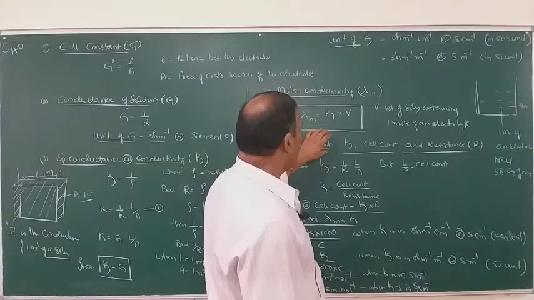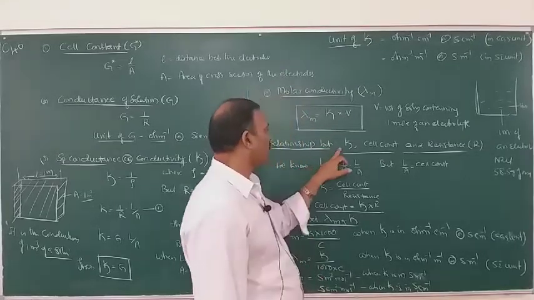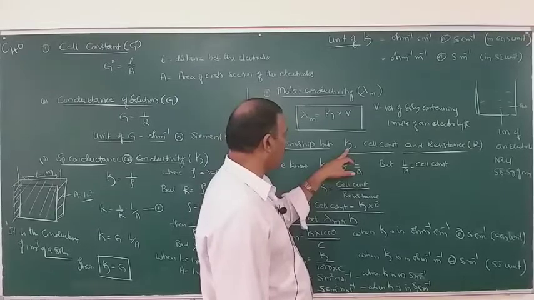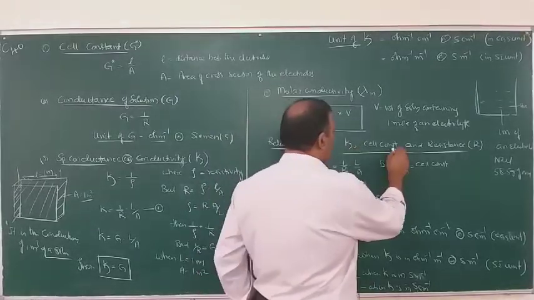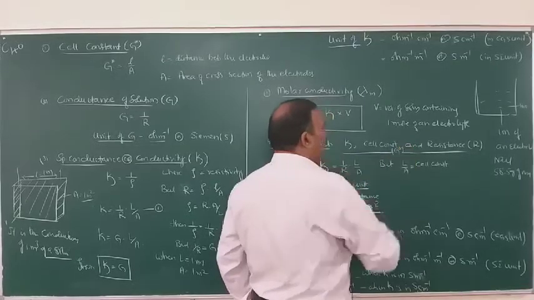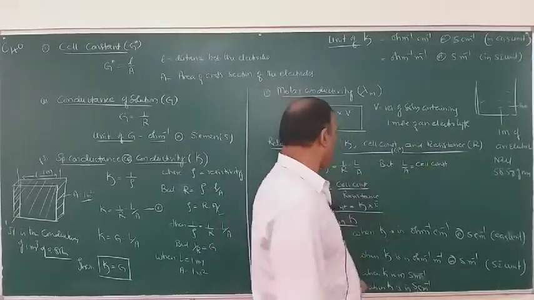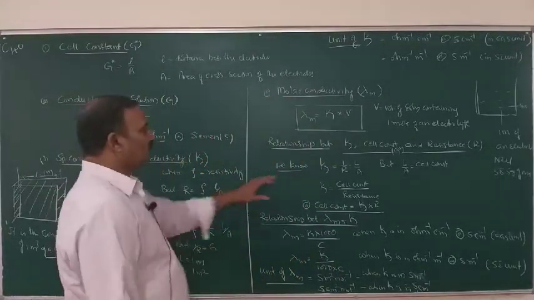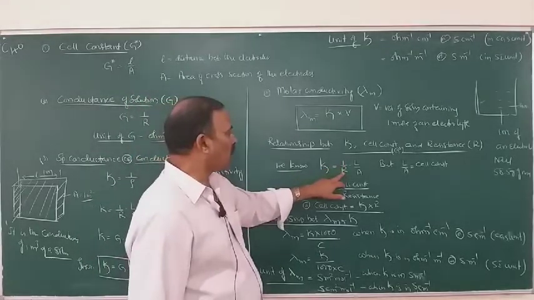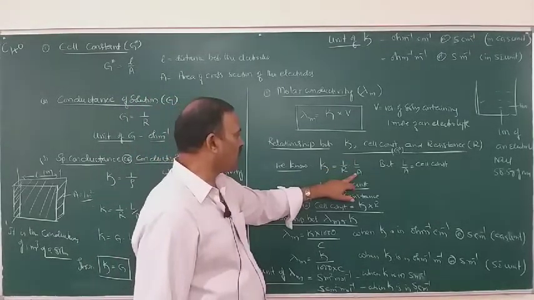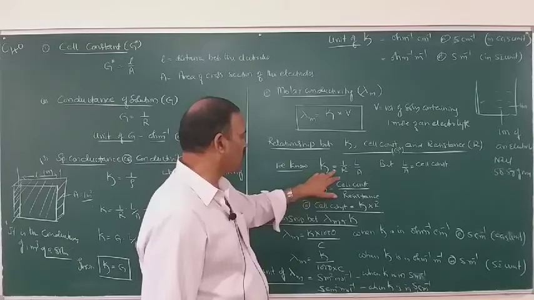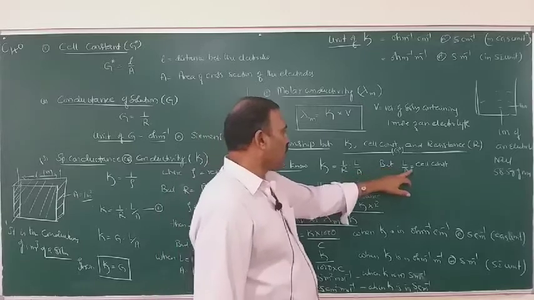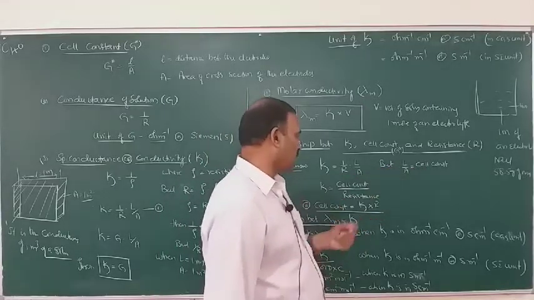Coming to the relationship between specific conductance or conductivity, cell constant, which is represented as G star, and resistance R. We know from equation 1, specific conductance is equal to 1 over R into L divided by A. But L divided by A is called cell constant.